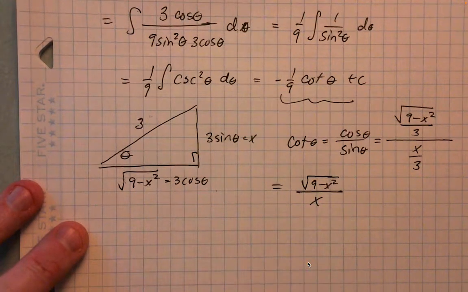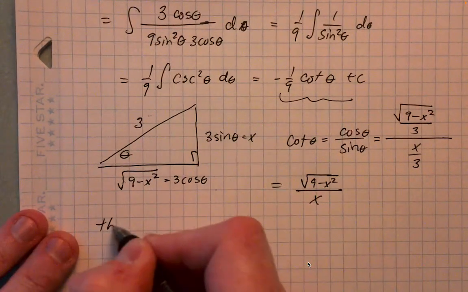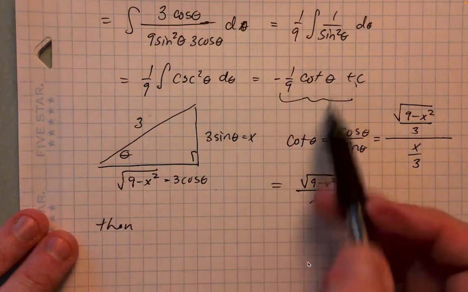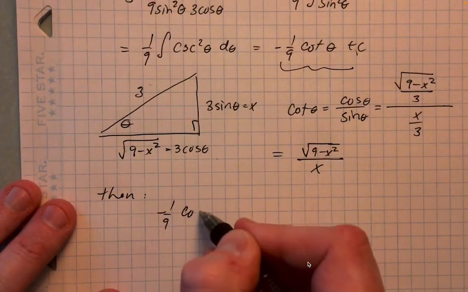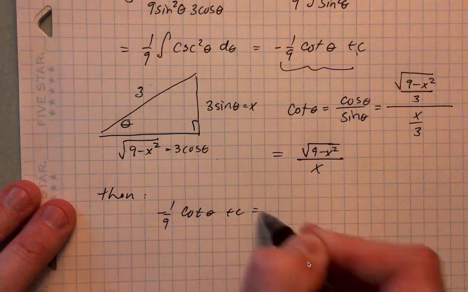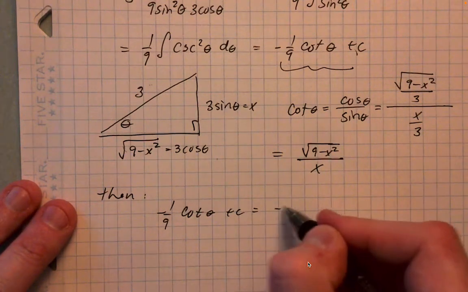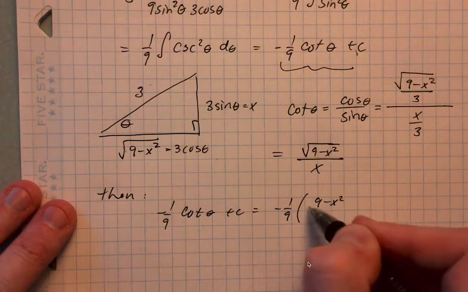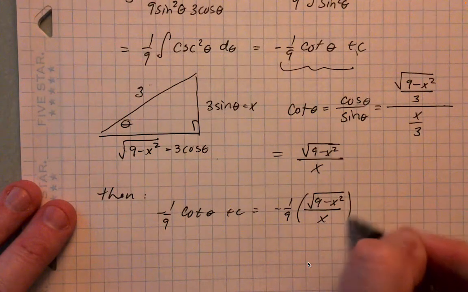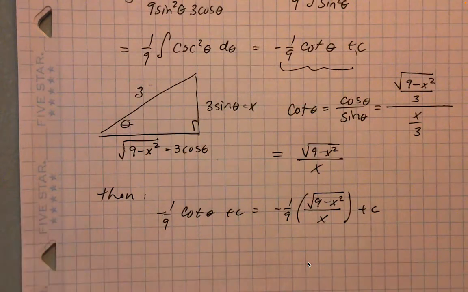Okay, and so that means that our integral up here, negative 1/9 cotangent of theta plus c, is going to be equal to negative 1/9 times this thing here. All right, and so there you go.